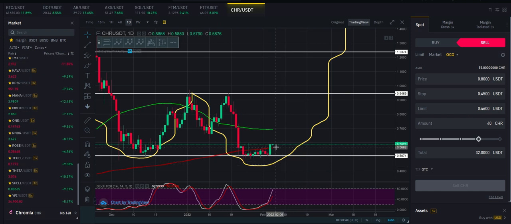Now if it comes back down to 0.45, it will automatically sell it for you at a loss. Therefore the profit one is automatically cancelled. So that's why we call it one cancels the other, OCO.